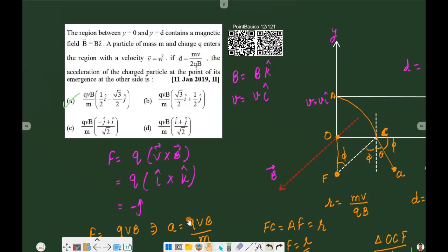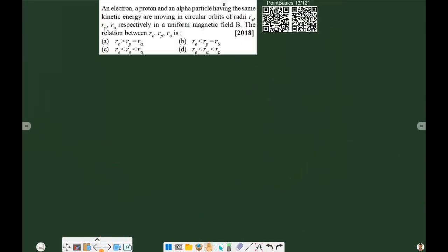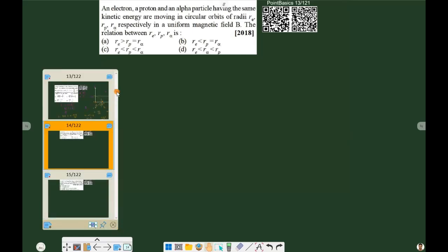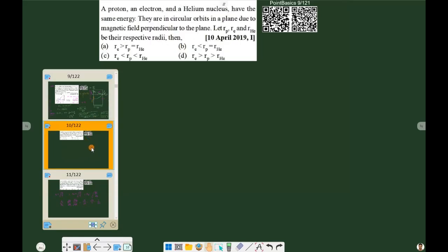Now moving to the next one. An electron, proton and alpha particle having the same kinetic energy. I think we solved this question, and it was question number 9. This was the question and we already solved it.